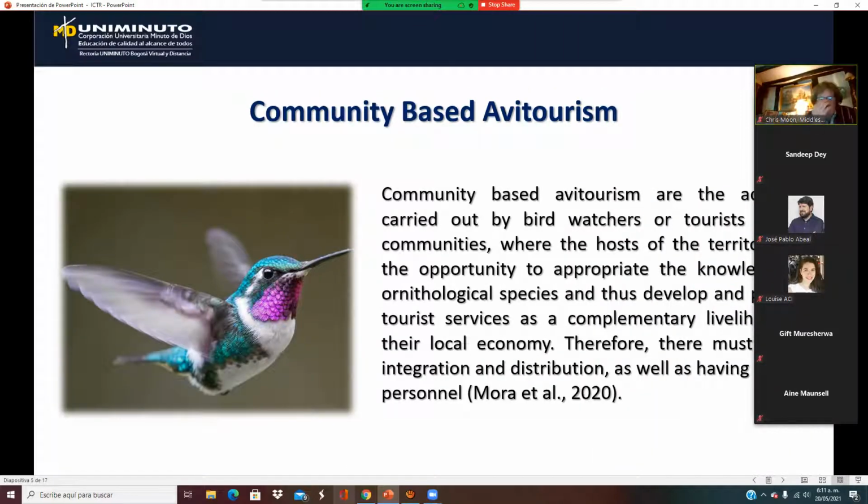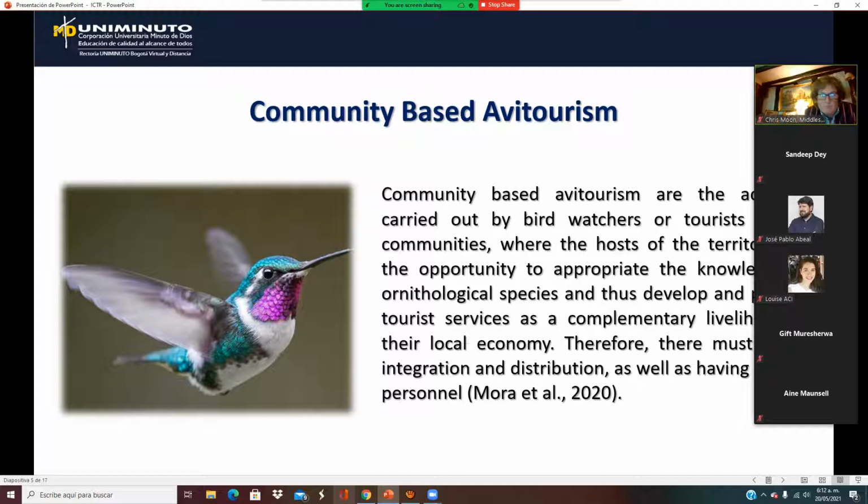Community-based tourism is a particularly new term. For example, if you look in Google Scholar for community-based tourism, you can't find a lot of articles and books. This is a definition that we made in a book that we launched last year in Colombia.